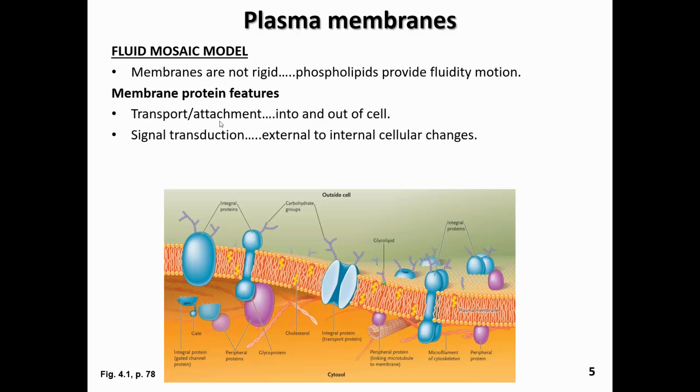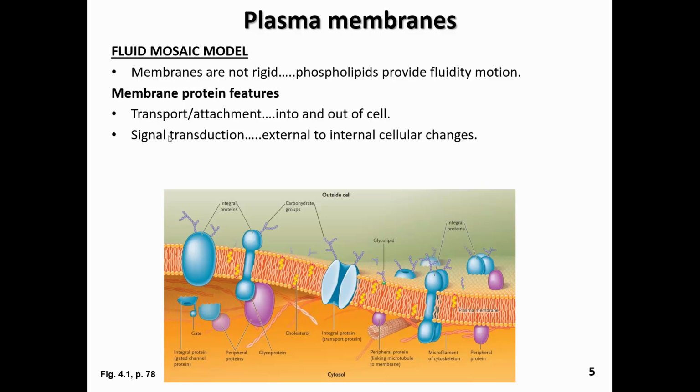The proteins are important in transducing exterior signals or exterior molecules to the interior of the cell. Now, that's not to mean that the protein will move the molecule into the cell. That's the transport function.